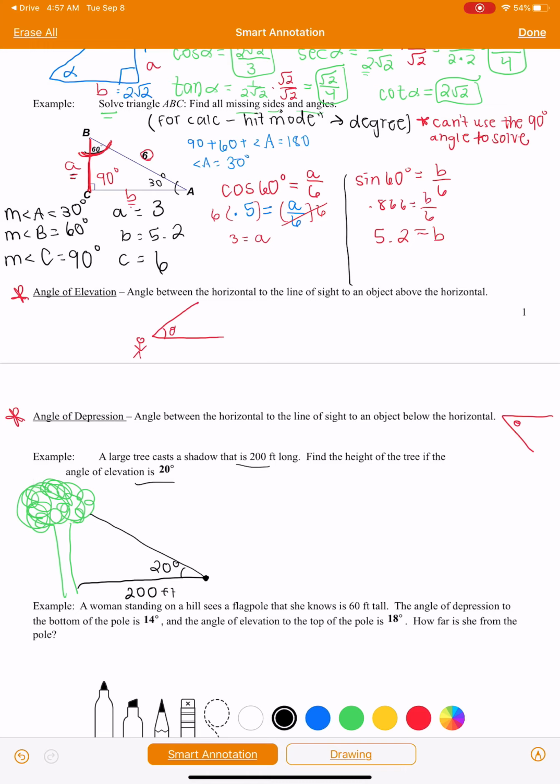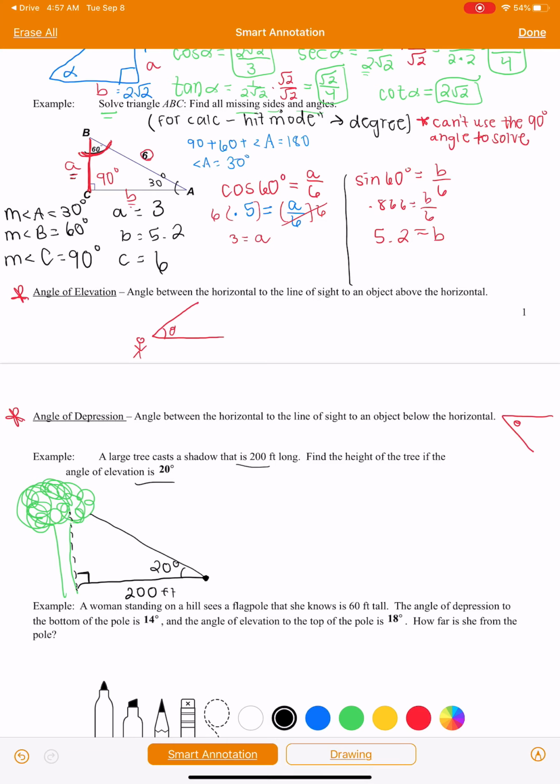Okay, so now we want to find the height of the tree. So I know I have an angle. We're just going to assume that this angle created right here is 90 degrees, from the tree to the ground. The tree might not be perfectly standing upright at 90 degrees, but for this example, we will assume it is.